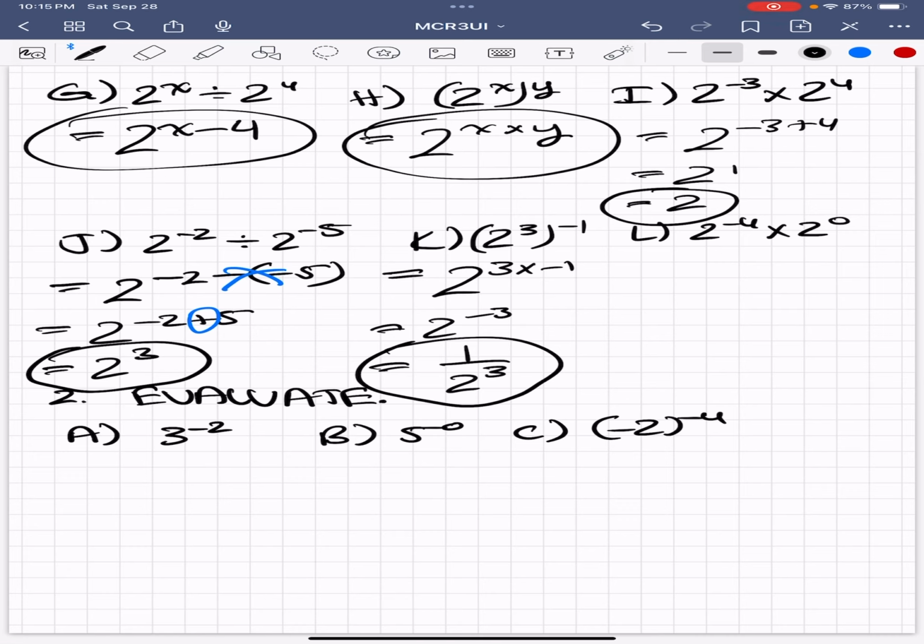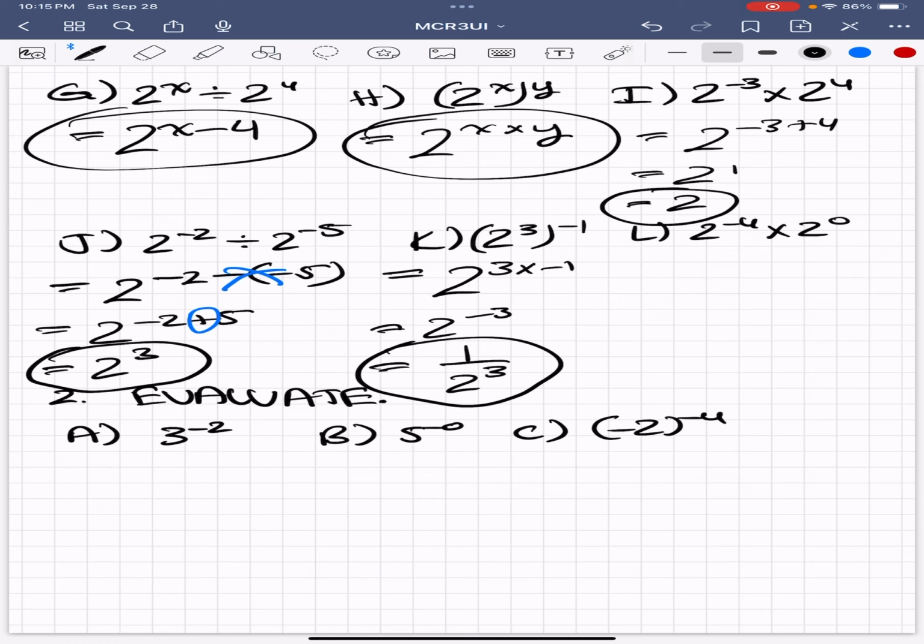Okay, so for K, we have the third exponent law, which is power of a power. We have 2 exponents, and there's brackets in between, meaning that we multiply the exponents together.